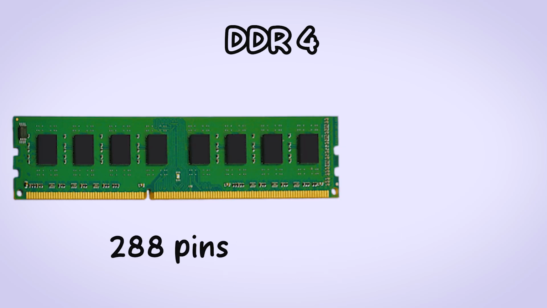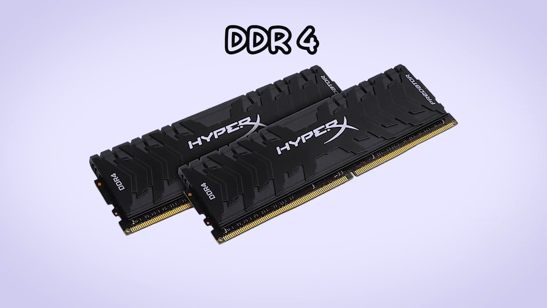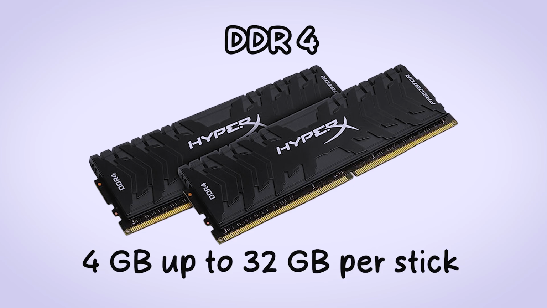DDR4 uses 288 pins, making it physically incompatible with DDR3 motherboards. Module capacities exploded, with standard sticks ranging from 4 gigabytes to 32 gigabytes, and server modules reaching 128 gigabytes or more. The architecture changed significantly too.